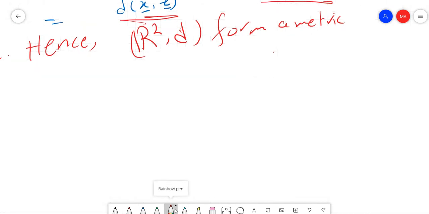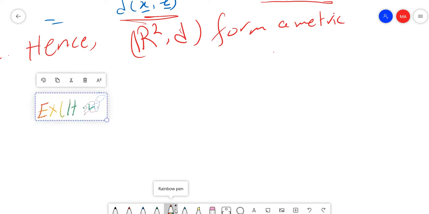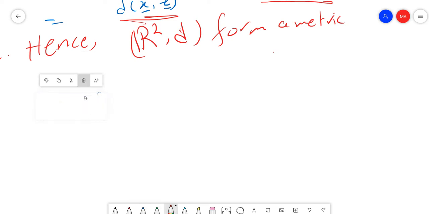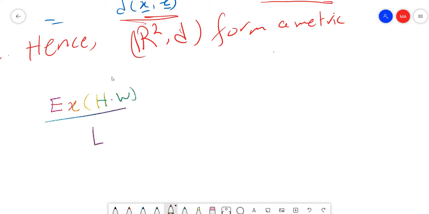For that, we can write, as a homework example: let x and y be in R^n, where n is an integer greater than 1.